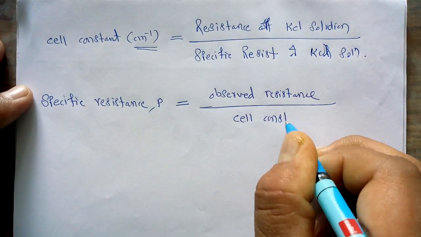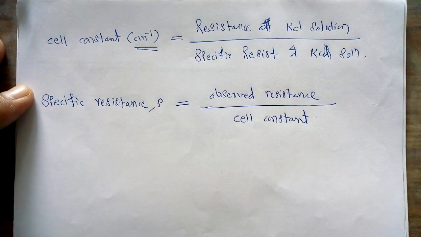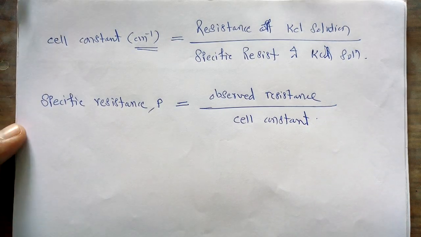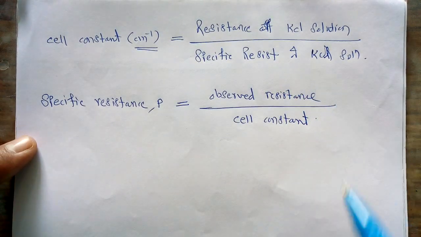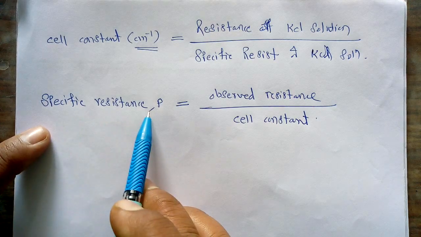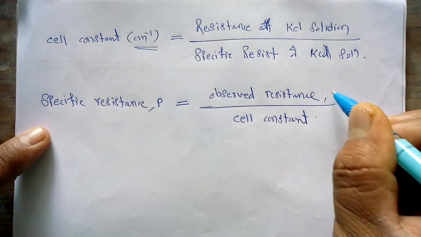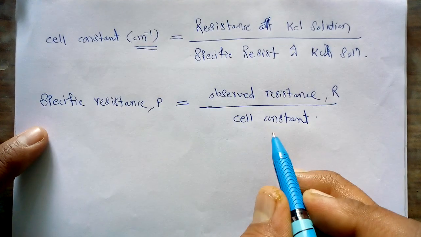We just rearranged the above equation to calculate the specific resistance rho, which is equal to the observed resistance R divided by the cell constant.